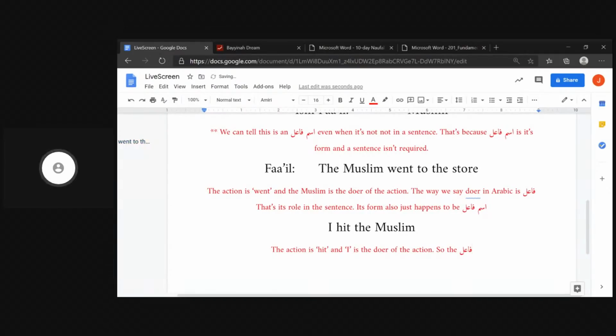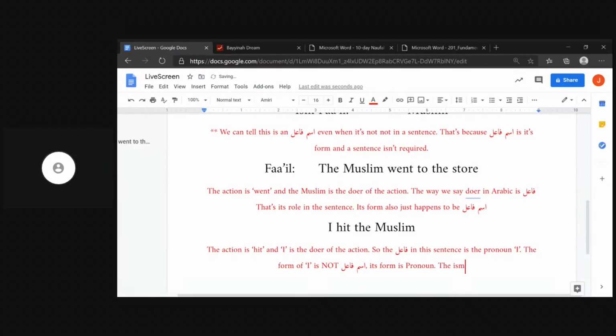Okay, so the fa'il in this sentence is the pronoun I. The form of I is not ism fa'il. Its form is pronoun.